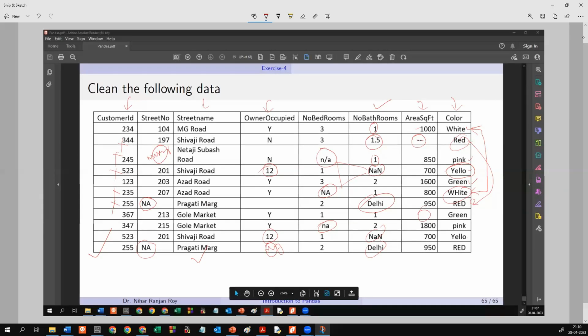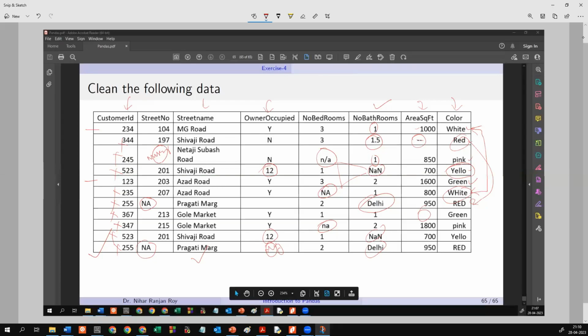This is also gone. This is missing, gone. This is gone. This is gone. So how many rows do you get? Out of 11, you get only 2. Right. So you see, out of 11, you get 2.